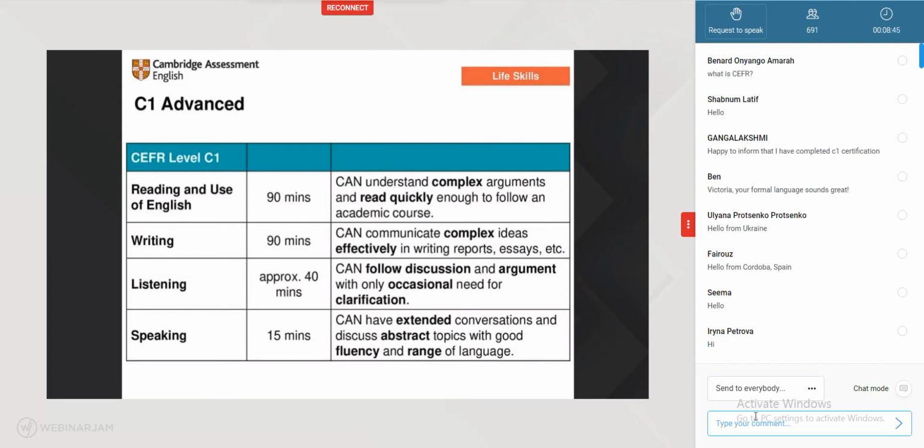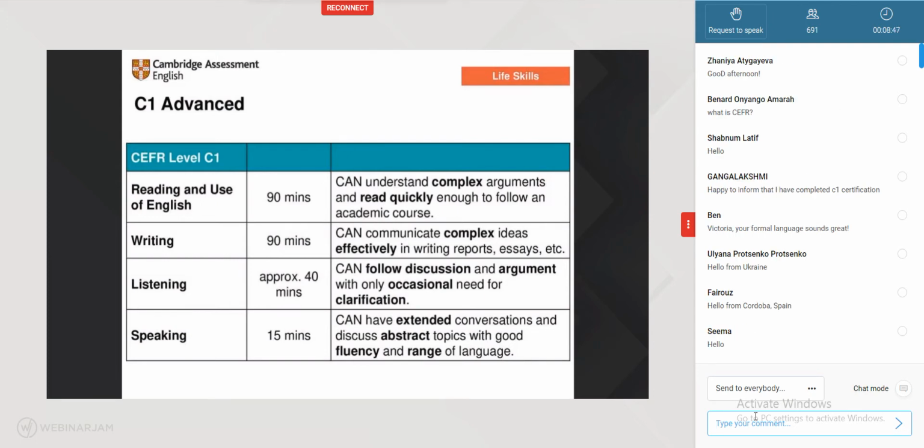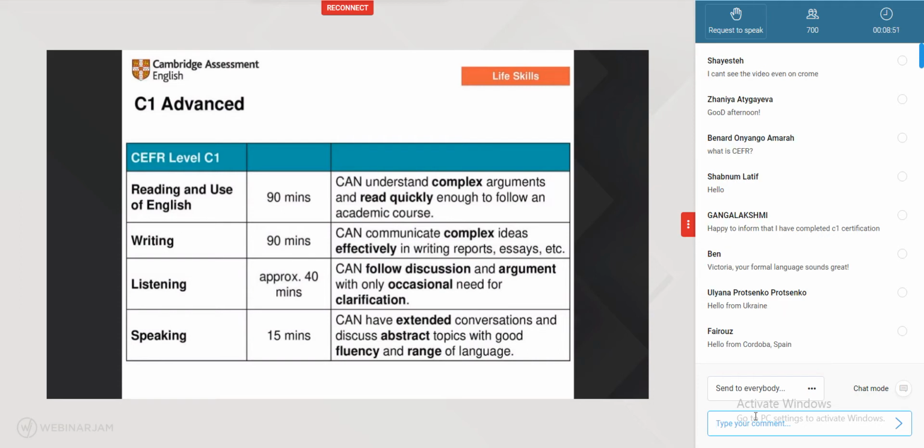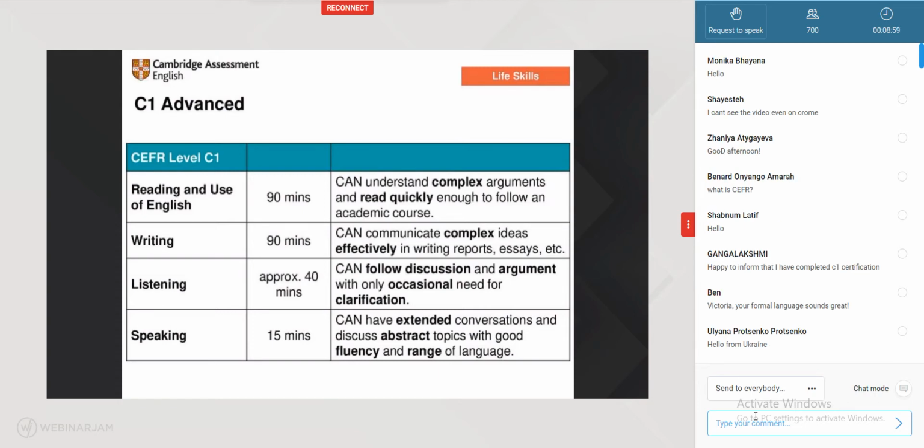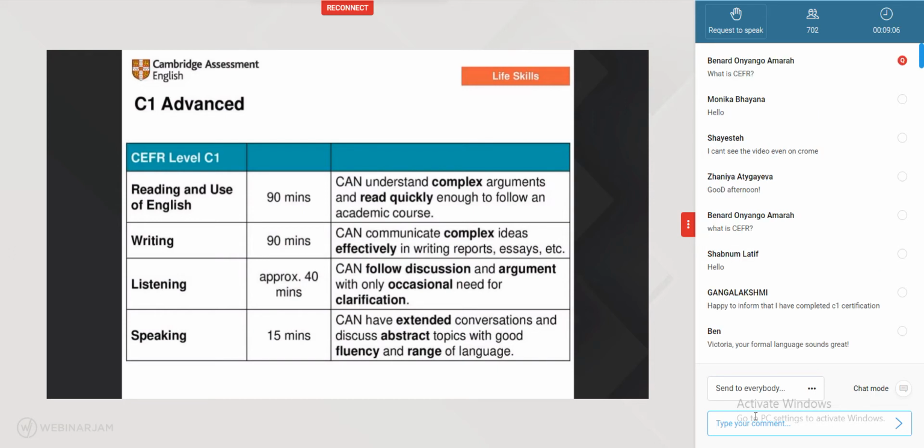Complex, I think, really comes to the fore in C1. If any of you came to any of our previous webinars, there's one on writing criteria. And there we really looked at the difference between B2 and C1. B2, I think students are expected to be able to successfully communicate straightforward ideas. C1 is successfully communicate complex ideas.